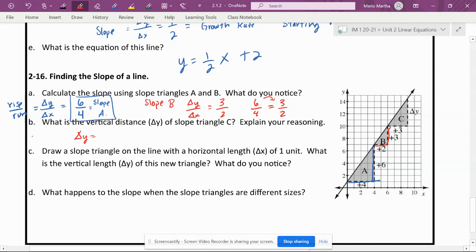So this is for triangle C. So we have 4 there. And then again, it's pretty much just the change in y, the change in the y values.